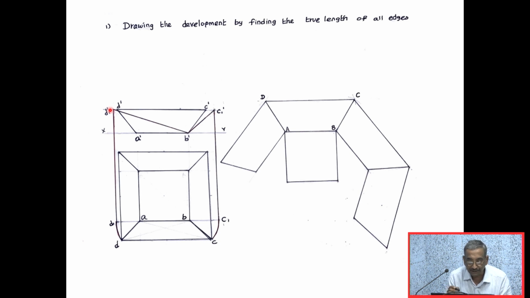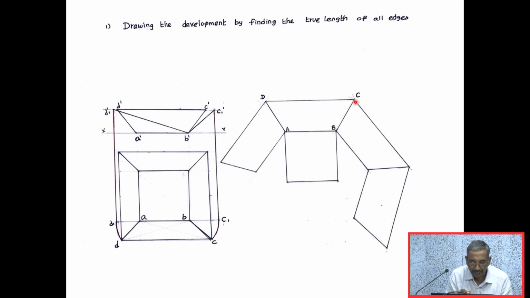So how to construct the development is, I will be drawing the line AB, which is having a length of 40 mm. Then I know the true length of the slant edge B dash C1 dash. That distance as radius, B as center, I will be drawing an arc.